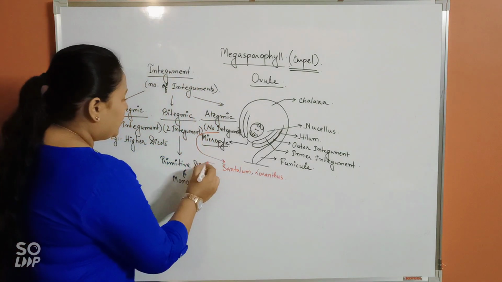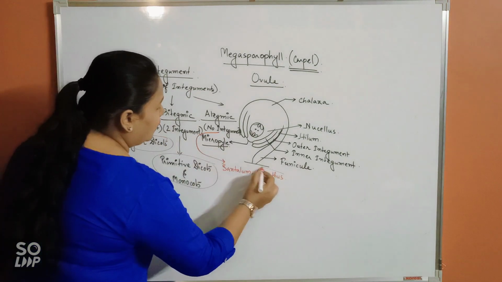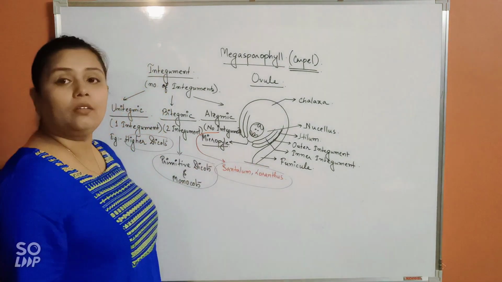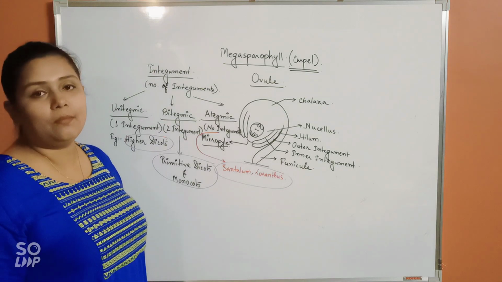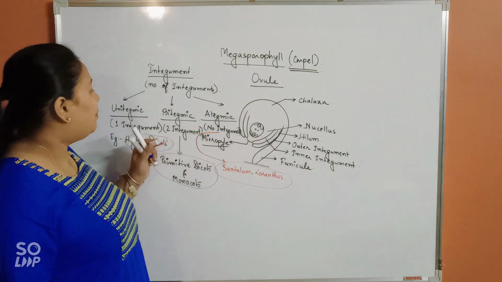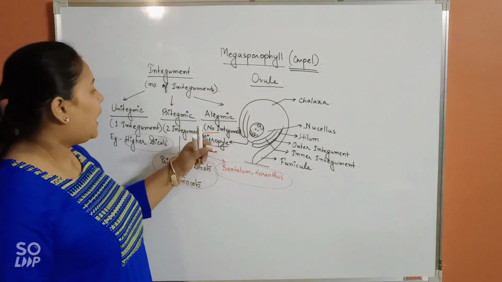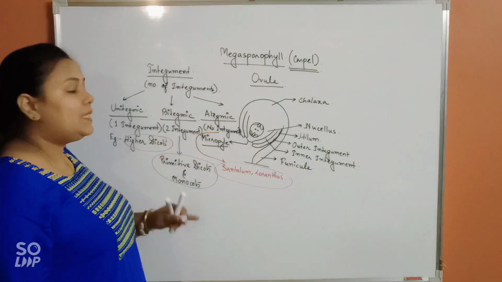Alright, so these are the important examples that you should remember. Based on the number of integuments, we can differentiate the plants into unitegmic, one integument, bitegmic, two integuments, and of course ategmic without an integument. Examples are important.